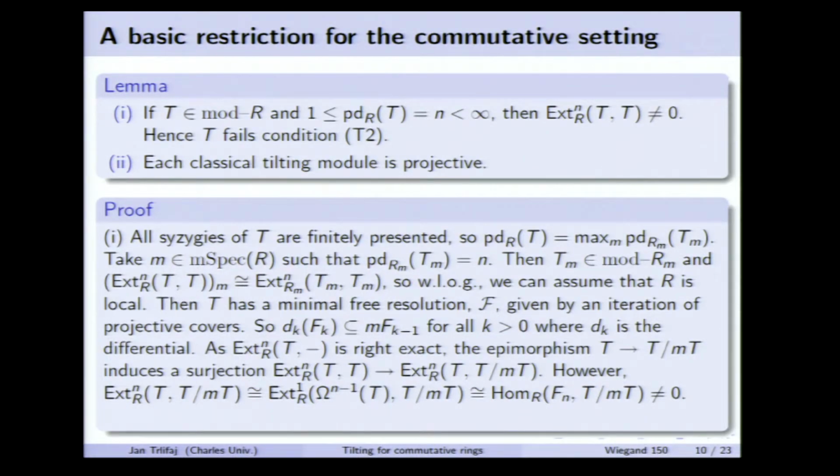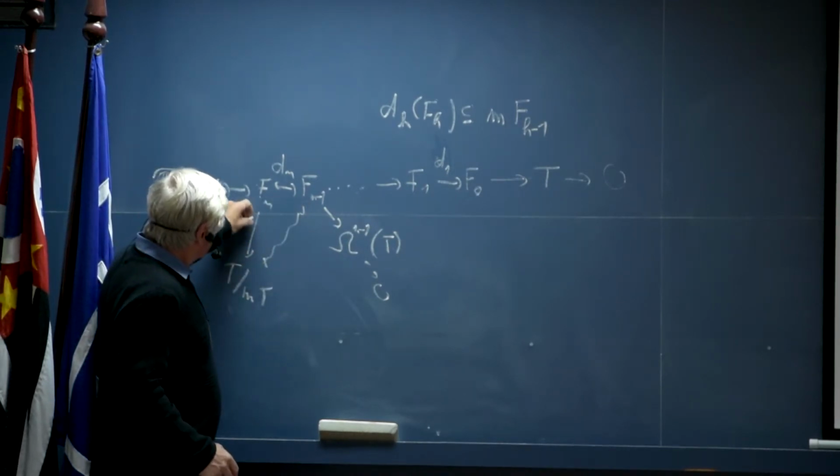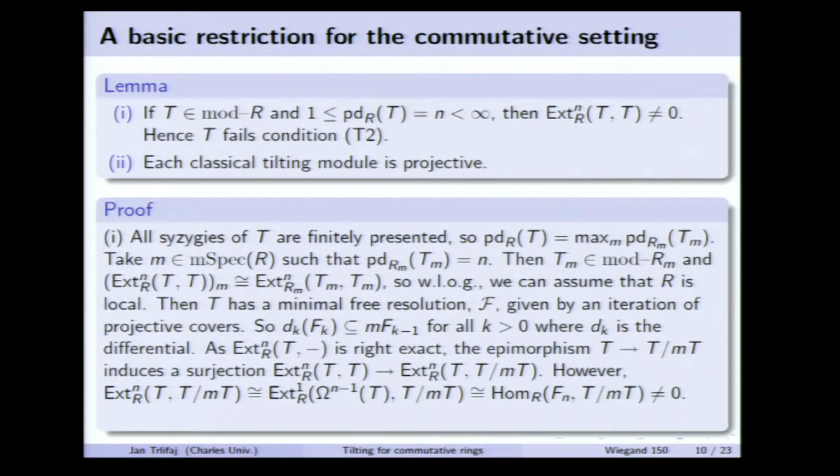But there's nothing that extends through dn because dn maps into the maximal submodule and therefore it maps to 0 here. So the X is actually a Hom, and this Hom is always non-zero because that's non-zero, and that's what was supposed to be proved.